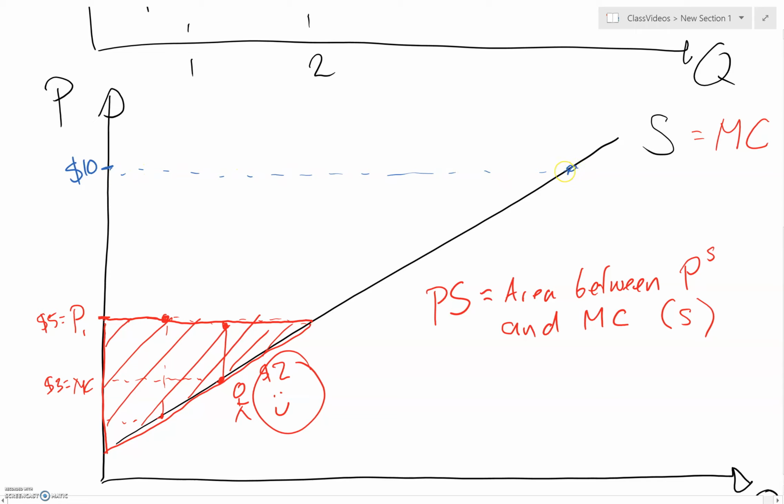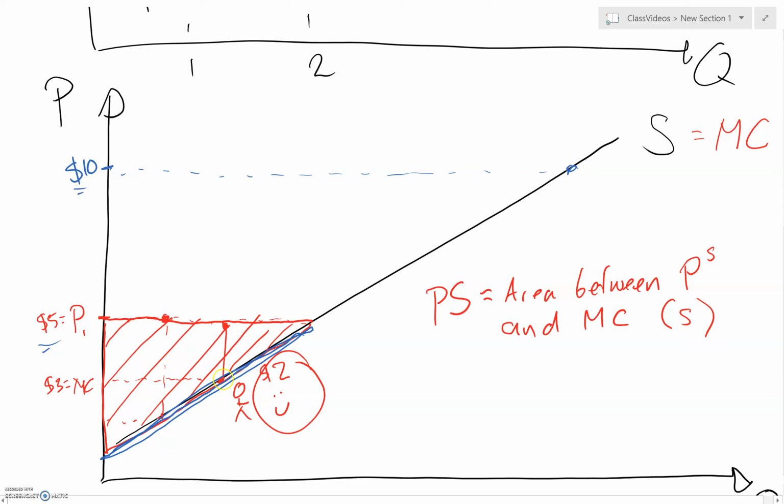The first thing is that everyone who is already selling the good, so that's people along this part of the supply curve, are going to keep selling the good. Their marginal costs were below the lower price, so they must still be below the higher price.